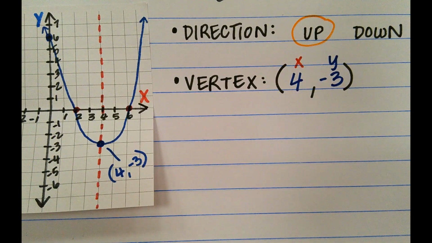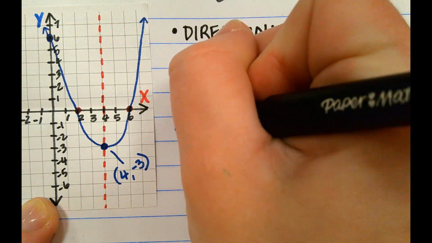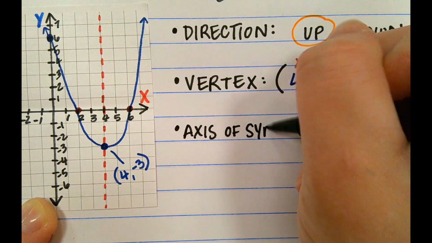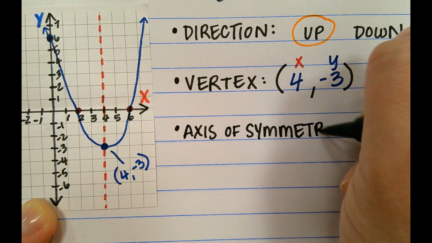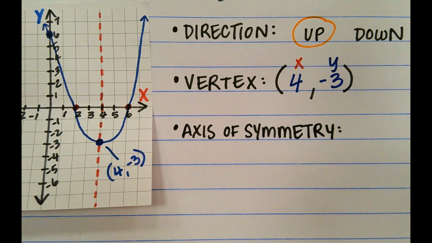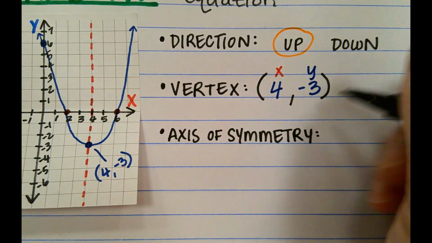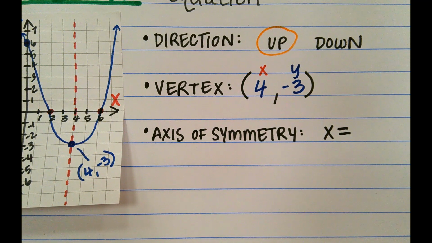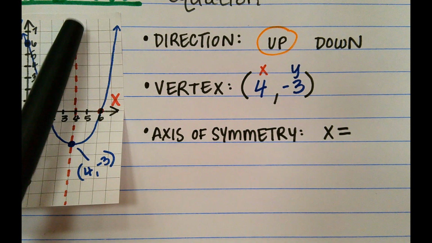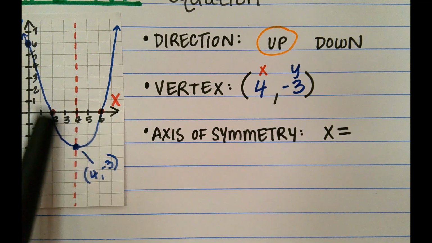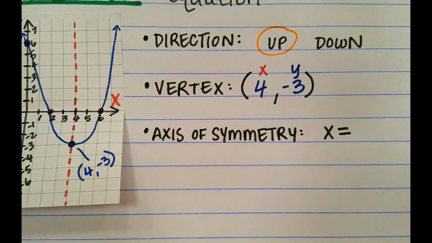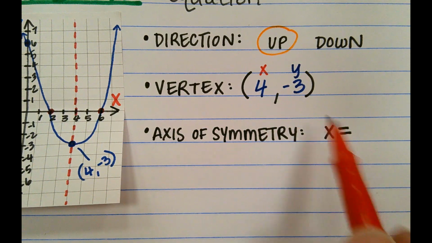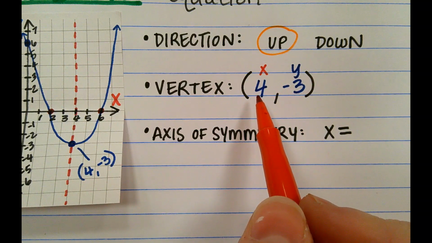The next feature we will identify is the axis of symmetry. And the axis of symmetry will always be written as x equals, and then a number. Now, the axis of symmetry is going to be that center line, the line that goes through the vertex. And here's a little trick. Once you know what your vertex is, the axis of symmetry is the same number as the x value.